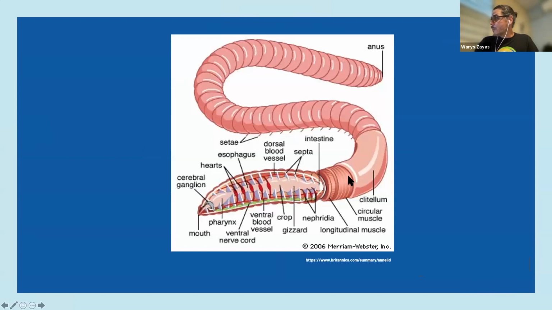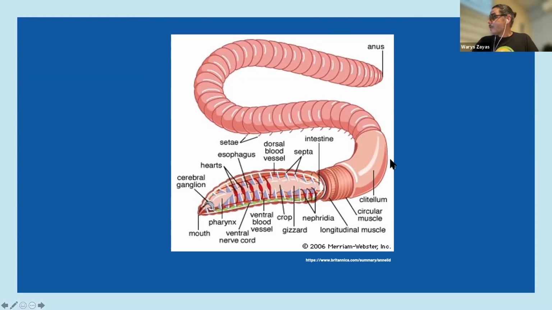The clitellum appears when the worm is ready to reproduce. It takes around 90 days on average, but afterwards this organ can disappear for a while until they are ready again to keep reproducing, right?